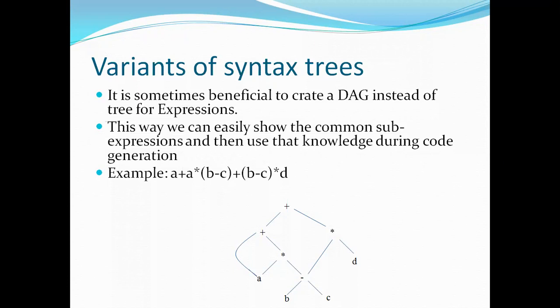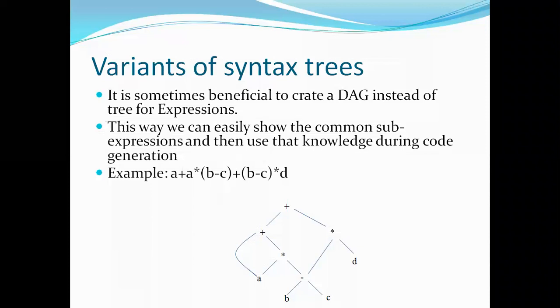Now you all should know the meaning of a DAG. A DAG is nothing but a directed acyclic graph, usually referred to as a DAG. It is a directed graph drawn by identifying the common sub-expressions.